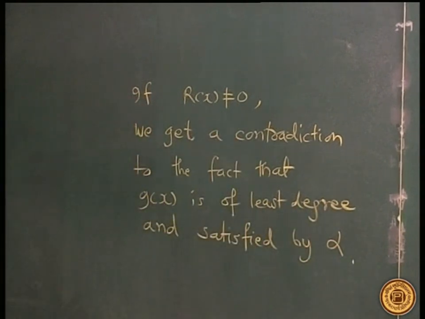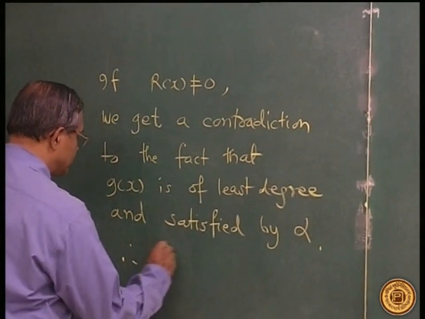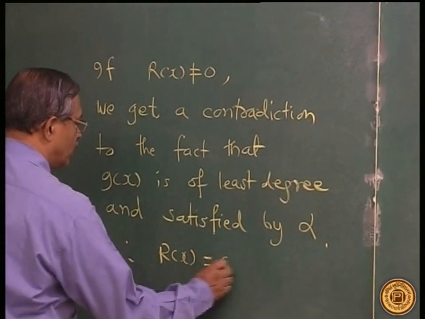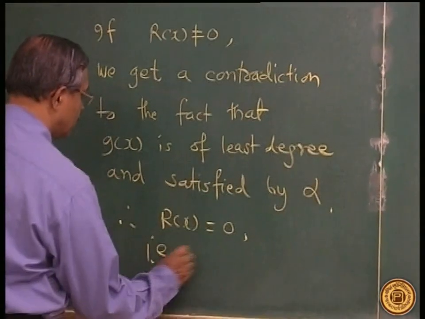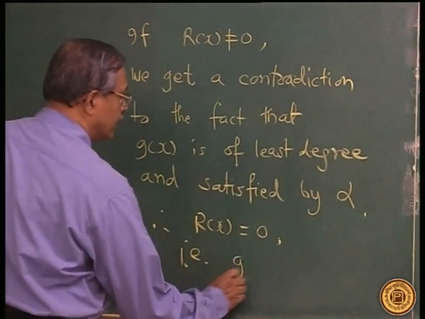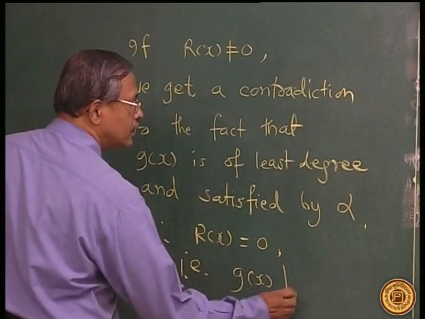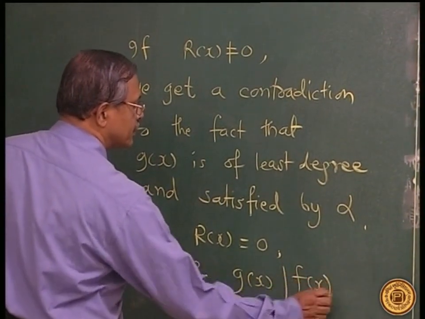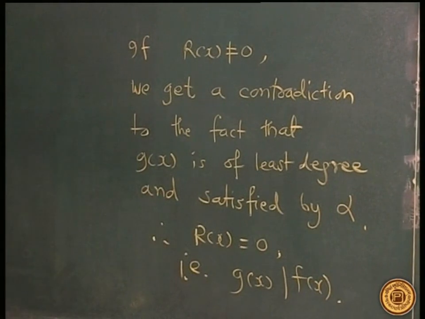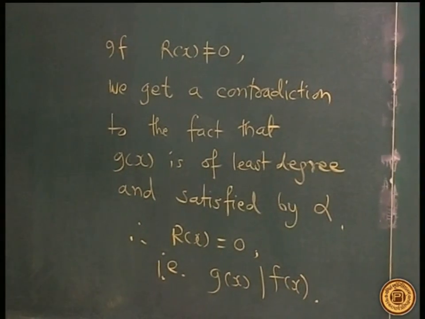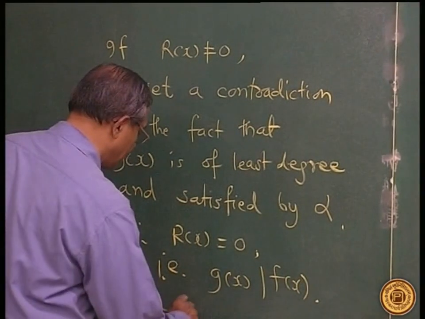Because degree of Rx is smaller than degree of Gx if Rx is non-zero, and therefore Rx must be 0. That is, Gx divides Fx. That proves the theorem.